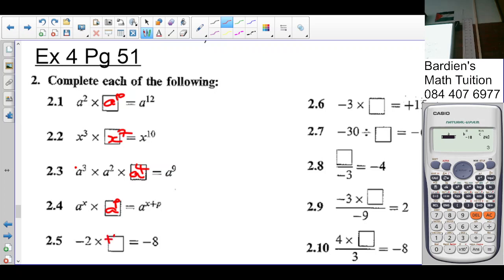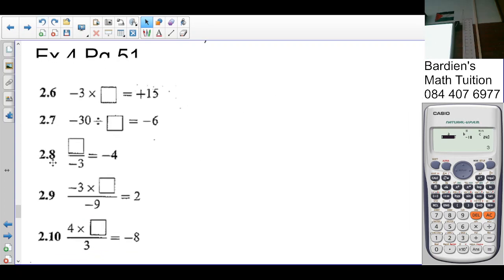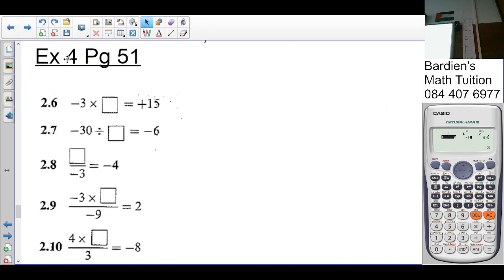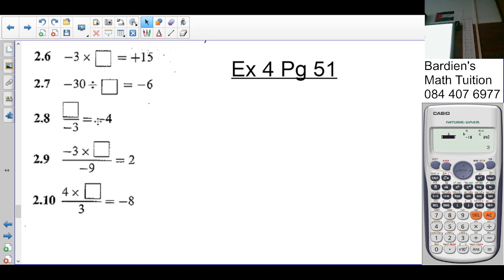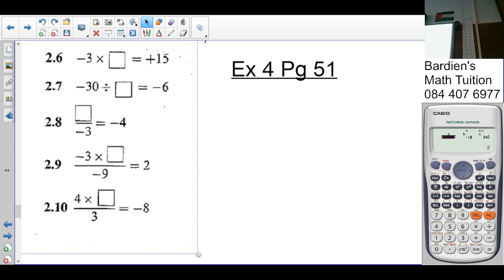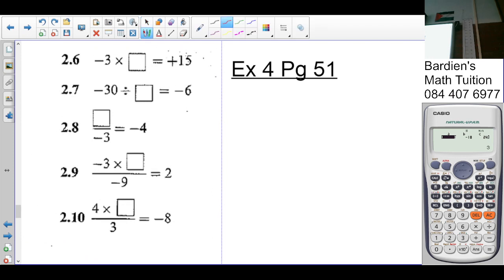Positive 4 is absolutely correct. Positive times negative is negative. 2 times 4 is 8. The next one. Okay, 2.6. Negative 5.